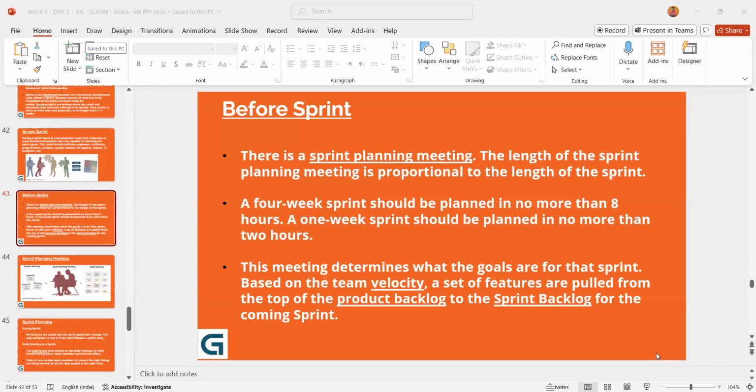Now, let me quickly check with Kajal as well. Kajal, what should be the sprint planning meeting duration if the total sprint duration is 4 weeks? Kajal, I want you to attempt this.